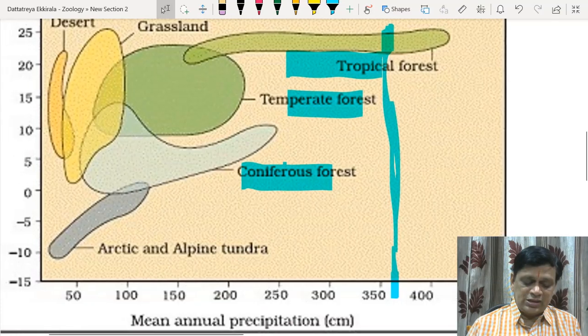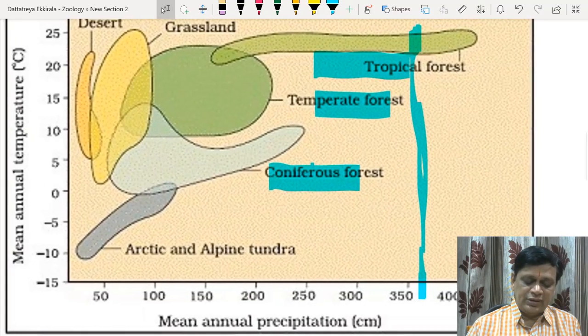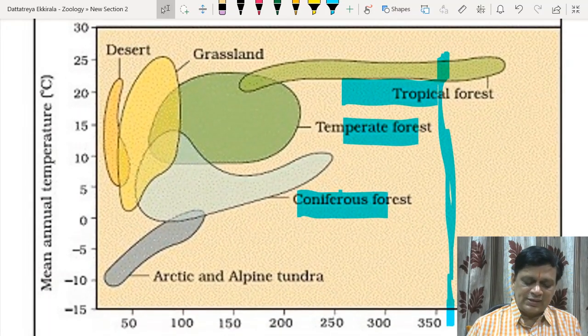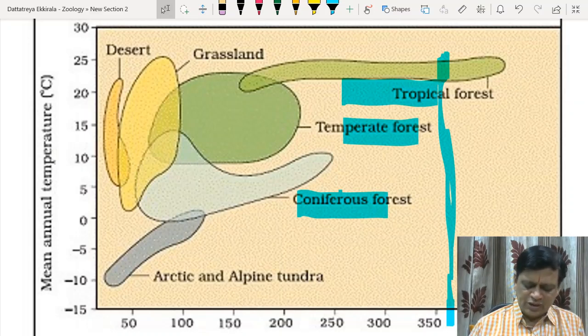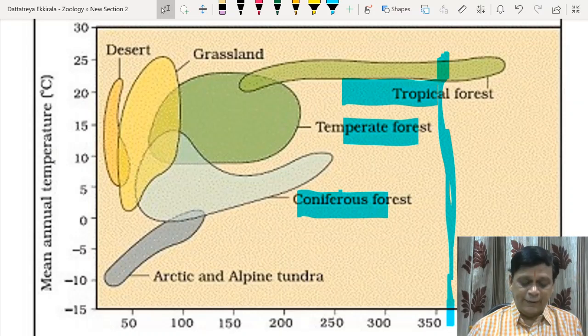Then next comes grasslands and lowest rainfall, desert. Precipitation is also less in Arctic and Alpine. It shows a little variation in the amount of precipitation. But you take these terrestrial things and try to remember them in descending order. So that is one important point we discussed, rainfall.